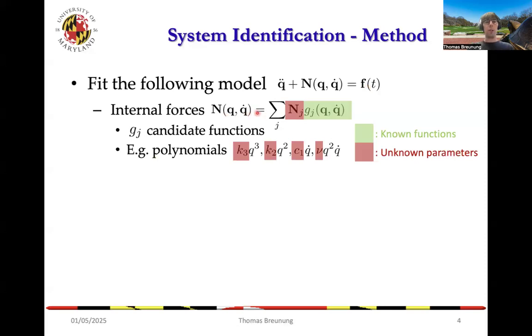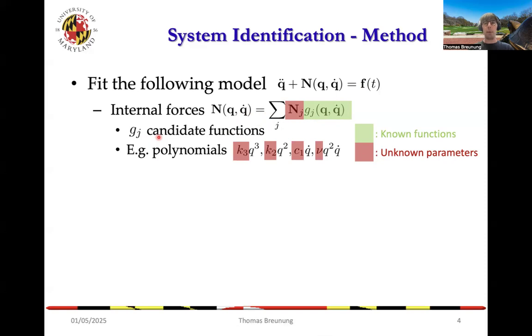The internal forces are now modeled by a sum of library functions, g. The library functions are just a bunch of candidate functions, and I encourage you to throw in as many as possible to have a rich basis to approximate anything that might be going on. We're going to learn later on how to get rid of spurious functions.